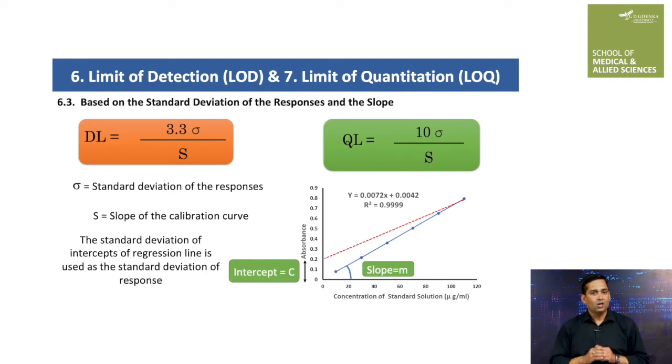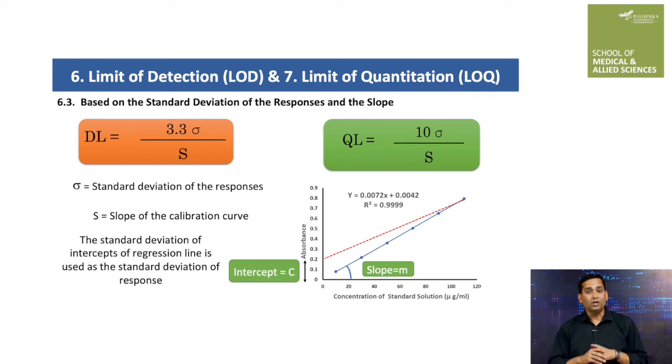Similarly, quantitation limit is obtained by dividing the product of 10 and the standard deviation of the response, sigma, by the slope of the calibration curve. Here, I would like to emphasize that the standard deviation of intercepts of regression lines is used as the standard deviation of the response.